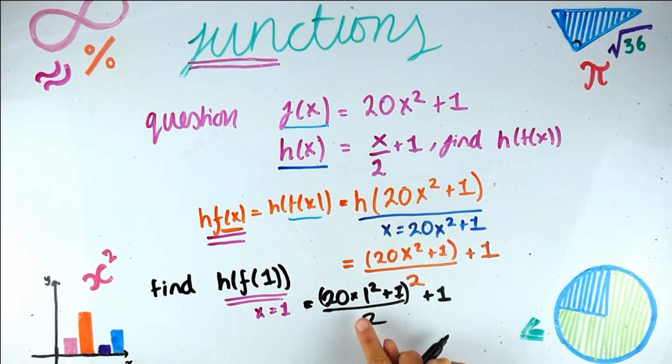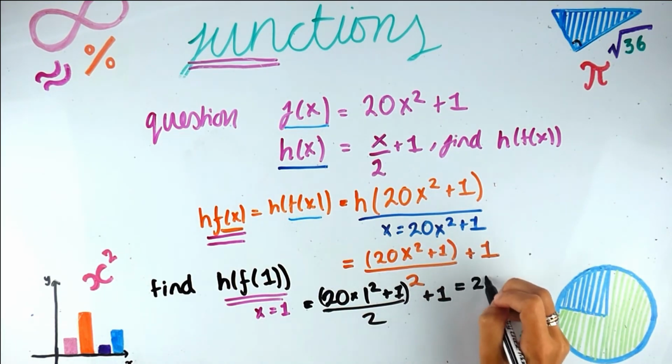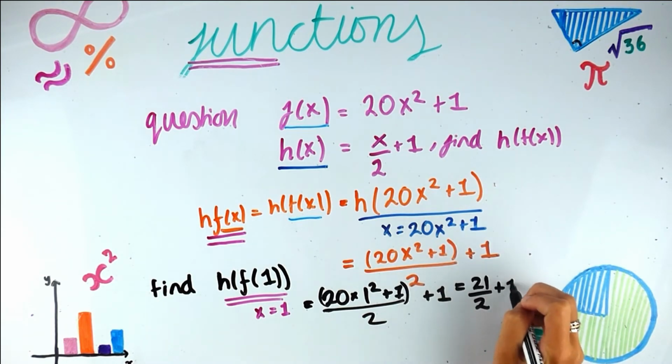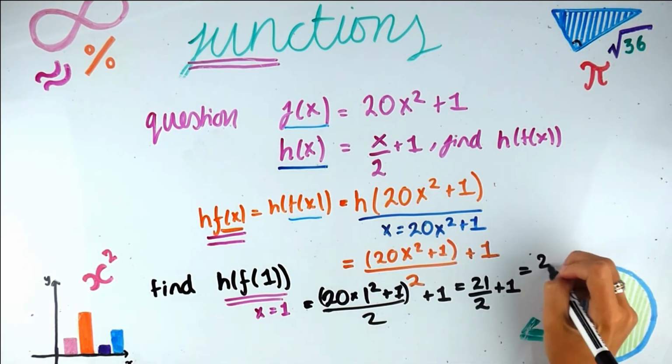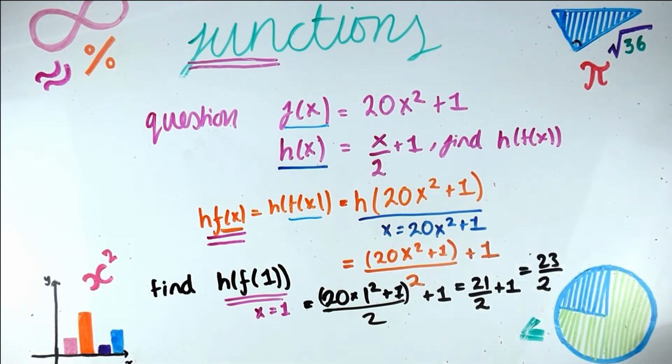So 20 times 1 is 20, plus 1 is 21, 21 over 2 plus 1, 23 over 2.